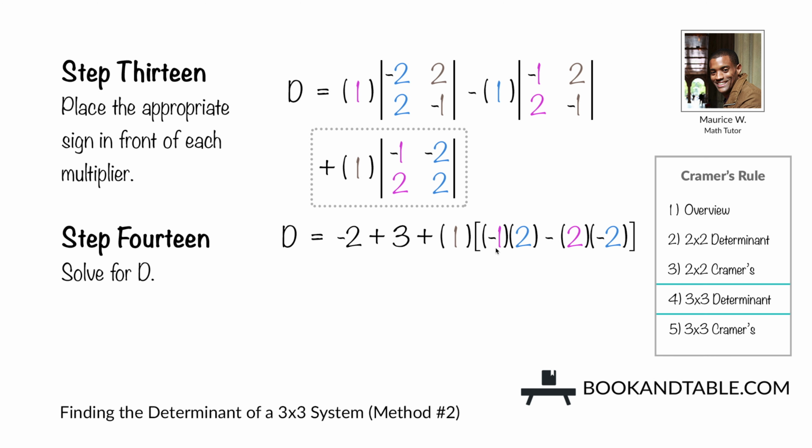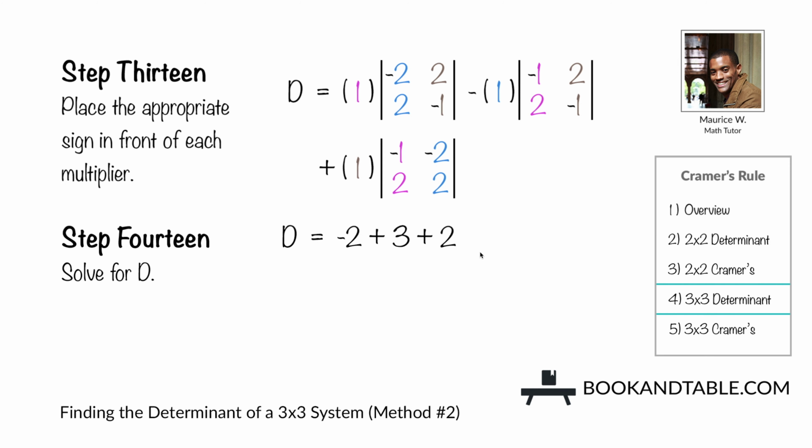So starting inside of the brackets, we have -1 times 2, which is -2. -2 minus 2 times -2 would be minus -4. -2 minus -4 is the same as -2 plus 4. -2 plus 4 is +2. And 1 times 2 is +2.